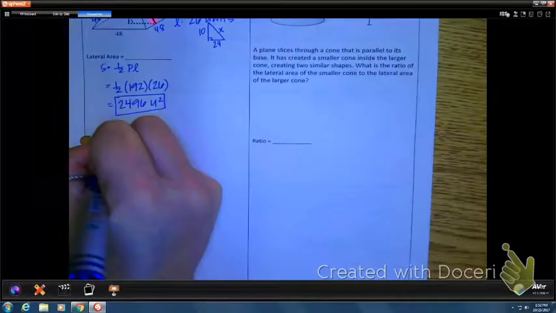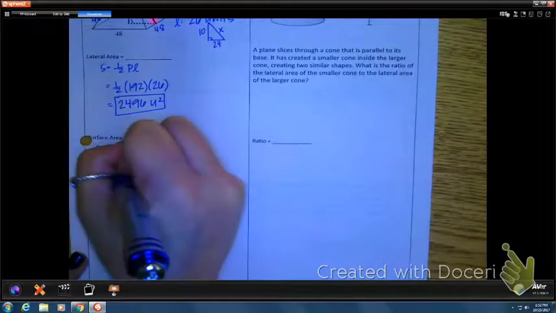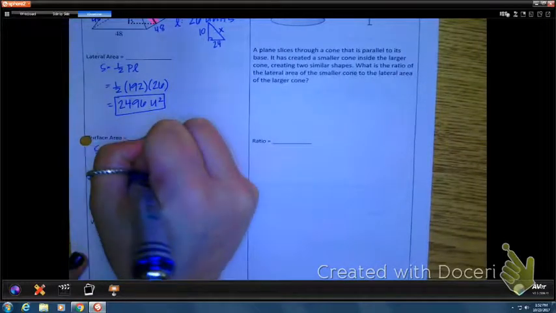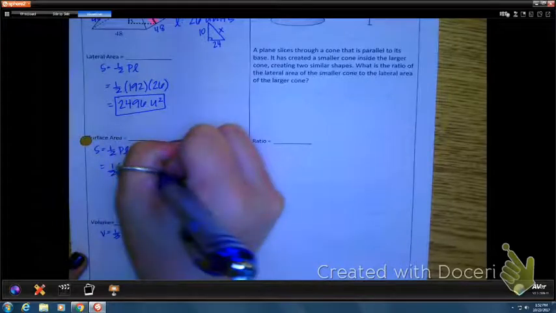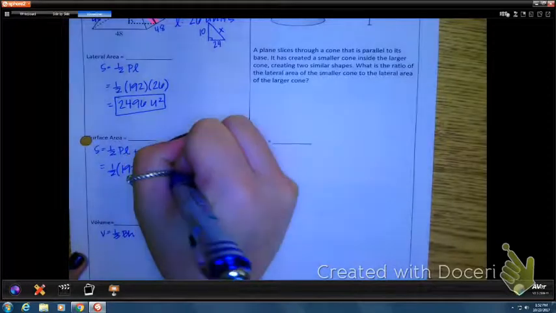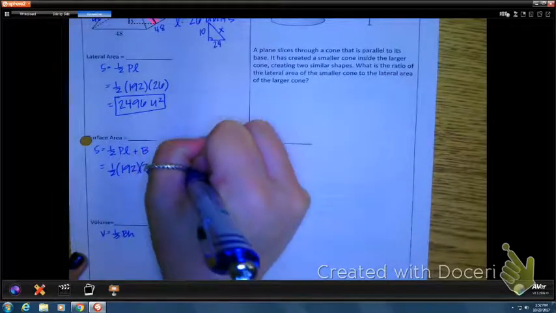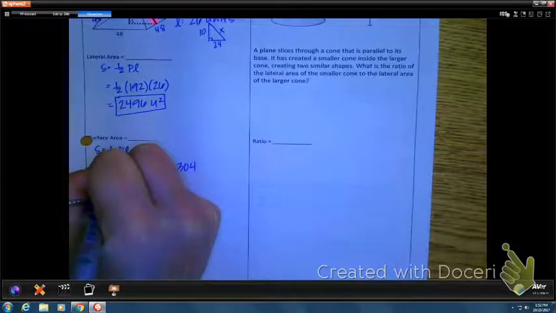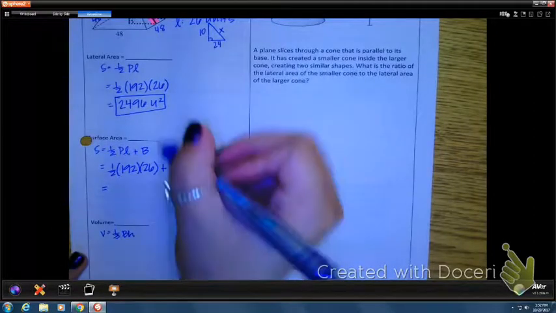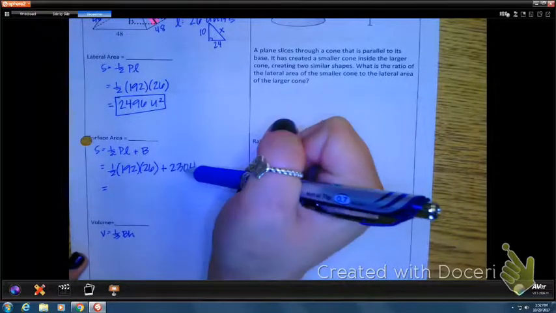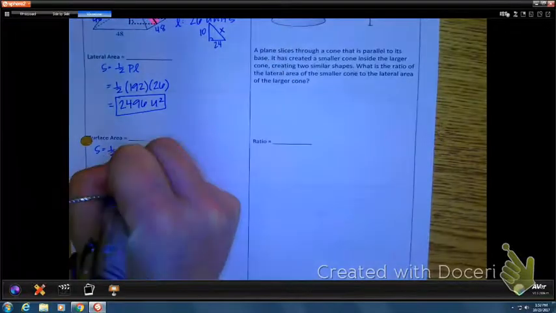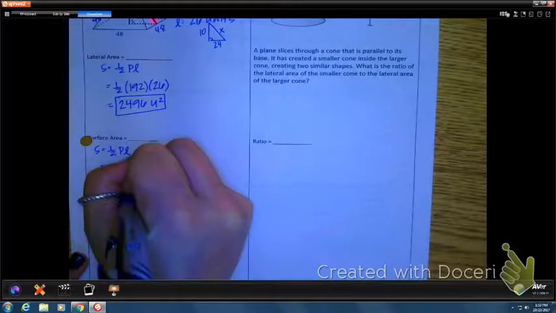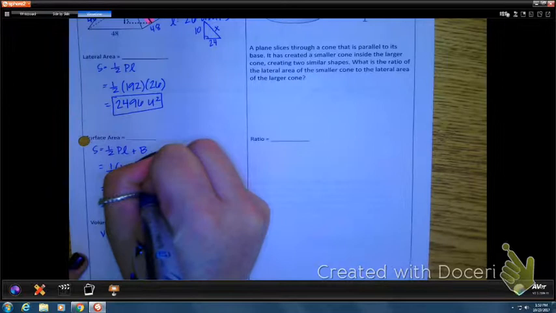Your surface area: 1/2 times 192 times 26 plus 2,304. So you're basically taking this plus 2,304, and you get 4,800 units squared.